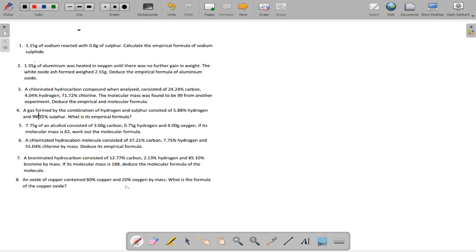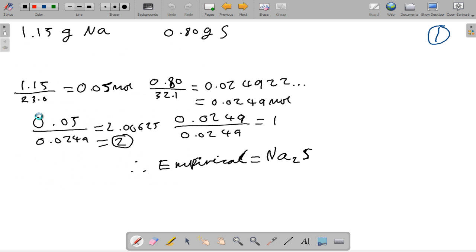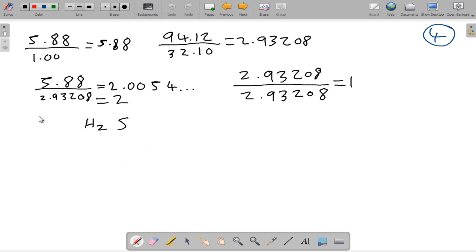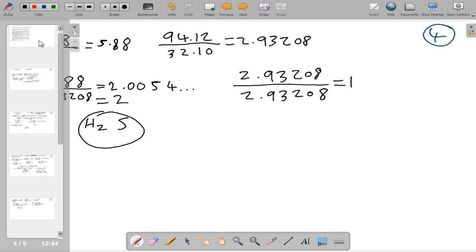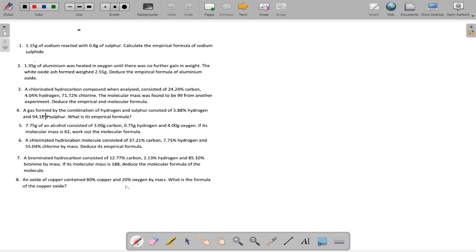Okay, moving on. 5.88 over 1 is 5.88, and 94.12 over 32.1 is 2.93208. 5.88 over 2.93208 is approximately 2, and 2.93208 over 2.93208 is 1, so the empirical formula must be H2S.